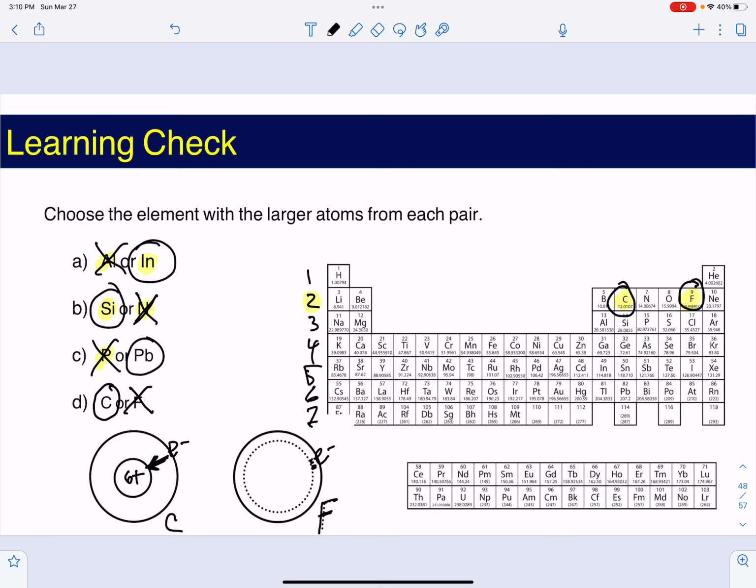So in terms of the size, as you go down the group, because you are adding energy levels, the atom is getting bigger. In terms of the periods, as you are adding more protons, that's going to pull in the valence electrons, making it smaller. So it's going to grow from top to bottom and from right to left. The closer you are to the right, the smaller it's going to be, as long as we're talking about the same period.